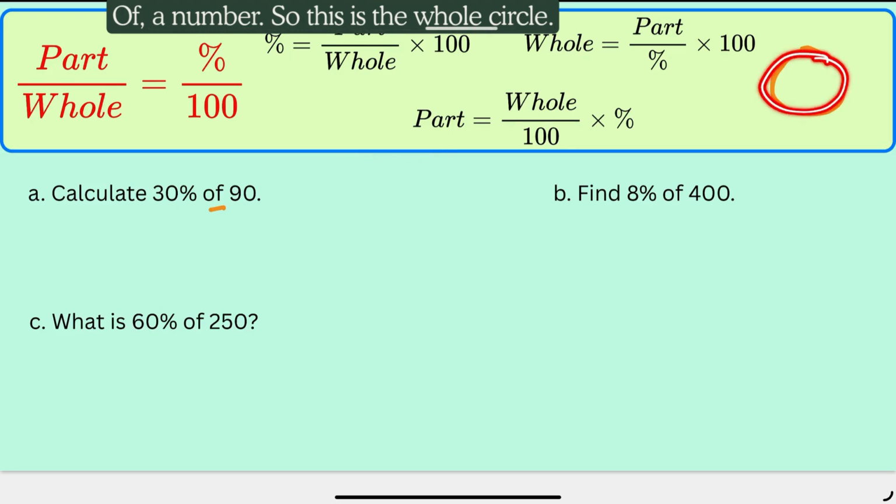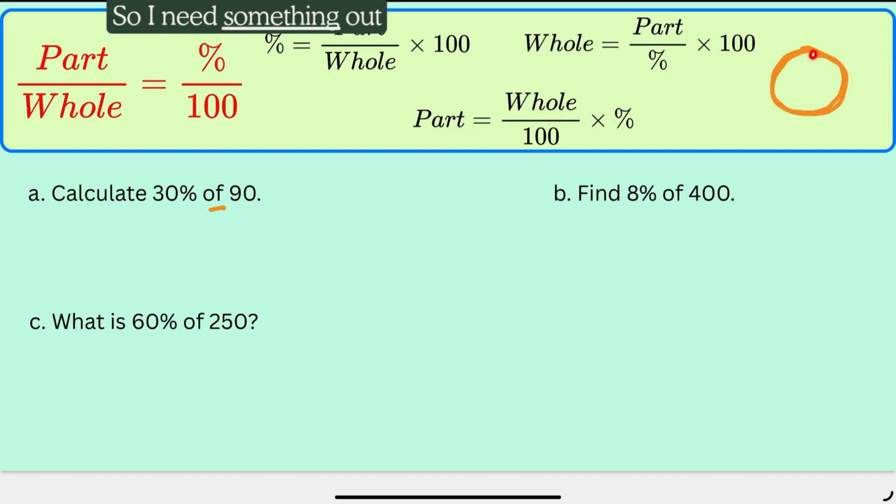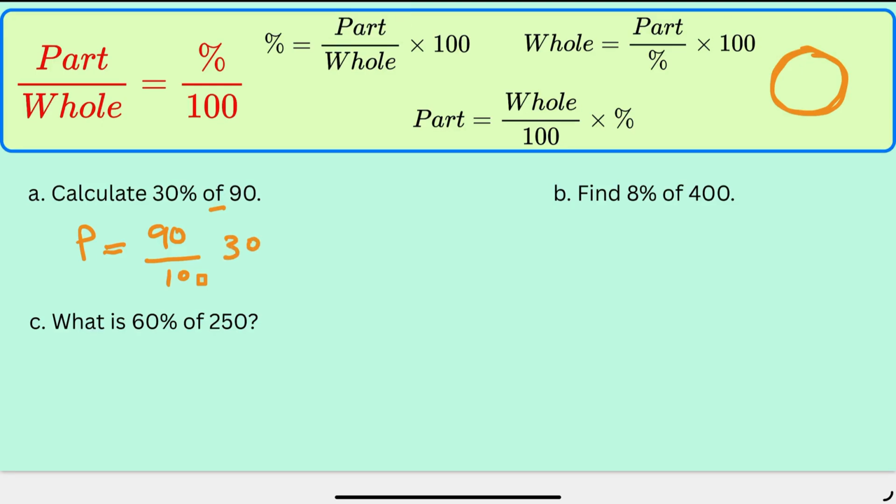So this is the whole circle, so I need something out of the whole thing. So 90 is the whole. So part is equal to 90, which is the whole, over 100 times percent, which is 30.